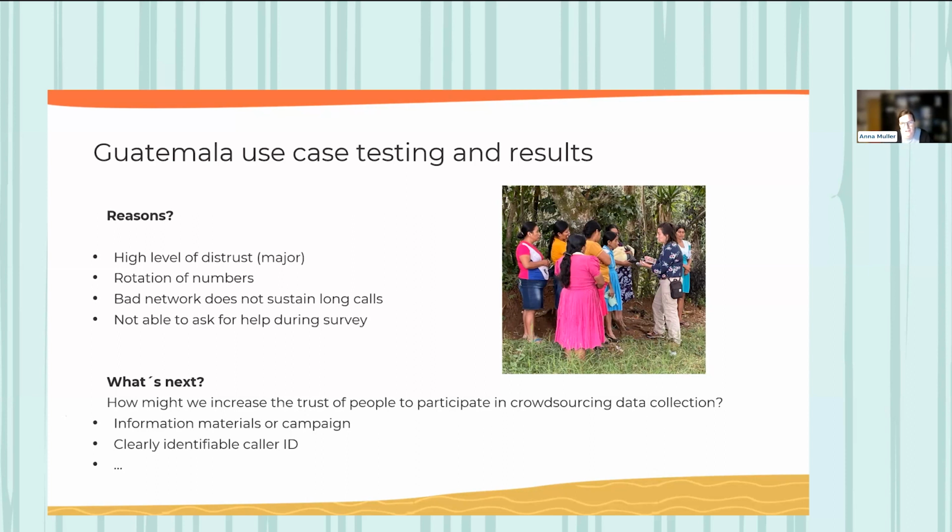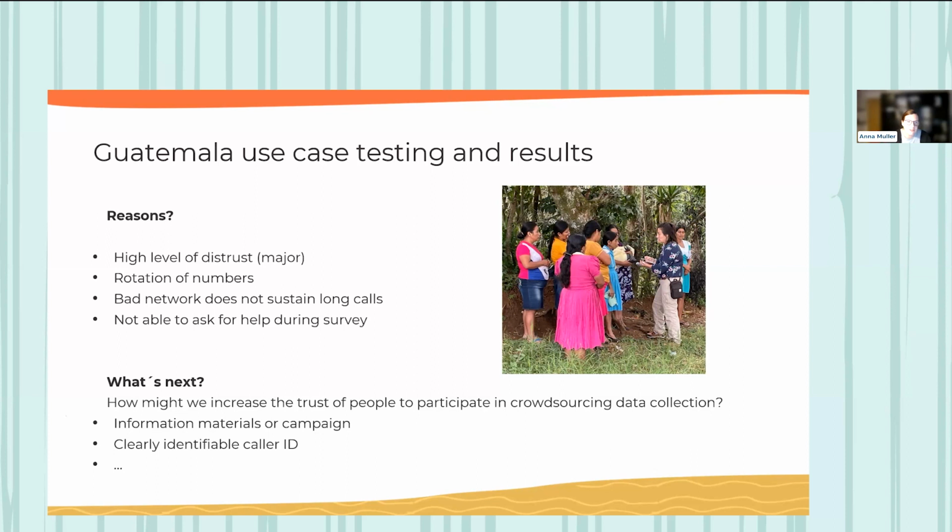The IVR survey was delivered over 10 to 15 minutes, and in a lot of situations the calls could not sustain that. Contrary to WhatsApp, where the messages are delivered when you have network, you answer them and they're delivered back as soon as you have network, and you don't need this long amount of time to answer your survey.